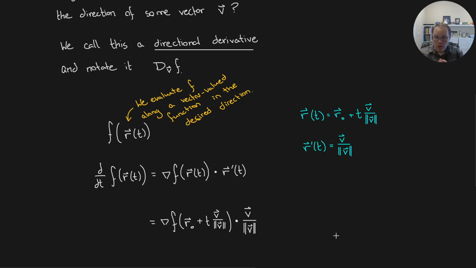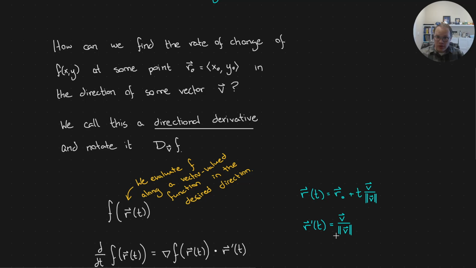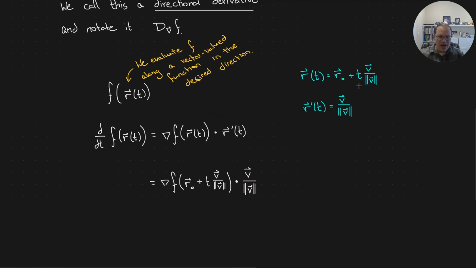All right, one more thing. I'm interested in this derivative at a particular point, right? Specifically when r naught is equal to some particular point x naught, y naught. I reach that point r naught when t equals 0. So r of 0 equals r naught.